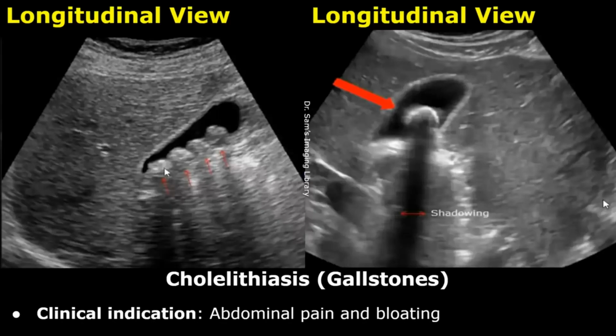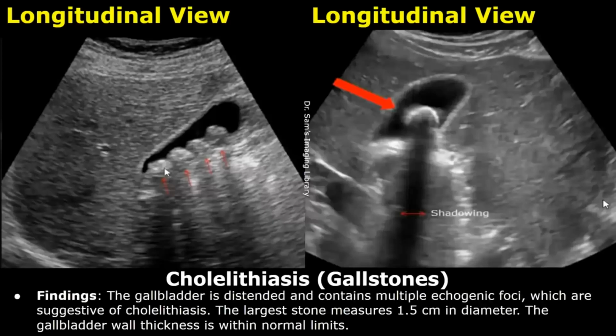The first case is cholelithiasis or gallstones. The clinical indication in this example is abdominal pain and bloating. In the findings, you can write the number of gallstones, whether it is single or multiple.